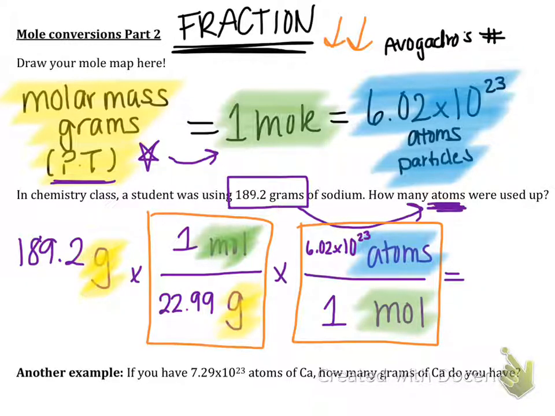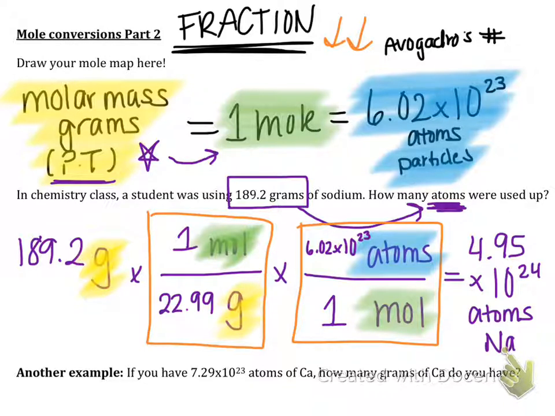Let's see, 4.95 times 10 to the 24. Remember, there's an E, so there is an exponent. And you got to write atoms, because this is what you converted to, of sodium. Remember, it's a 3-part answer. You always need a number, a unit, and a substance.